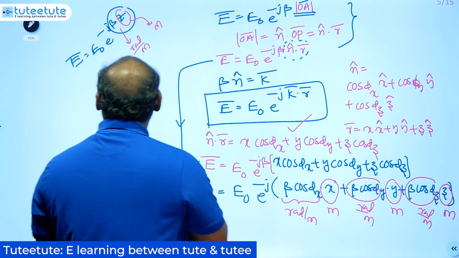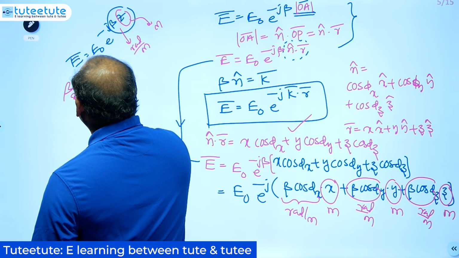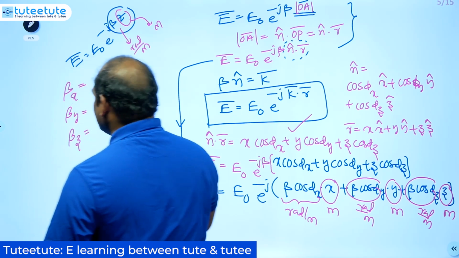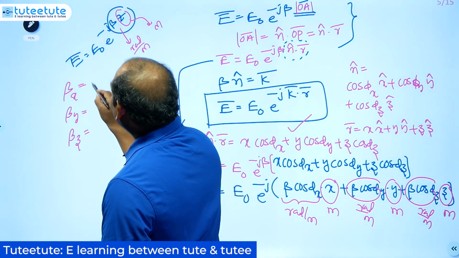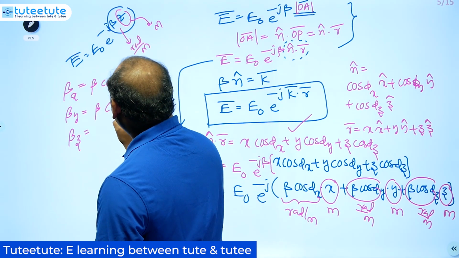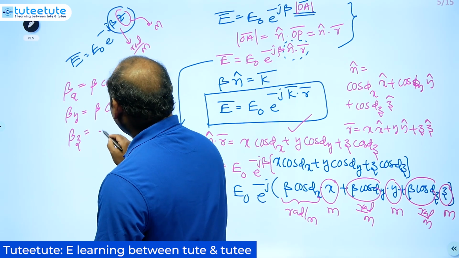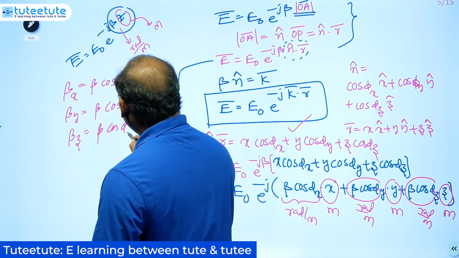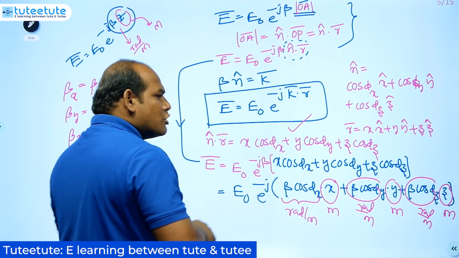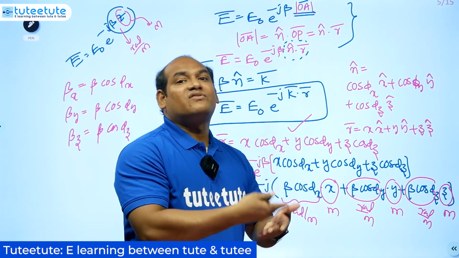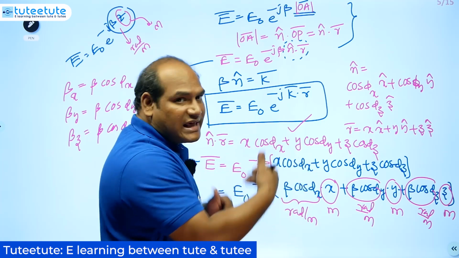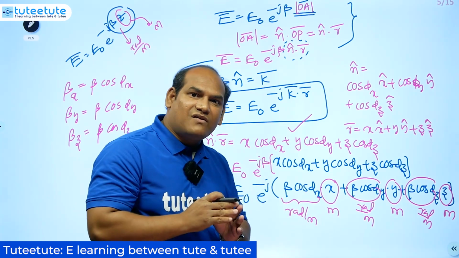So these things are represented like this: beta x, beta y and beta z, which is equal to beta cos phi x, beta cos phi y, beta cos phi z. In this manner we have written. So if you want any changes along x direction, along y direction, along z direction, we have to utilize these.